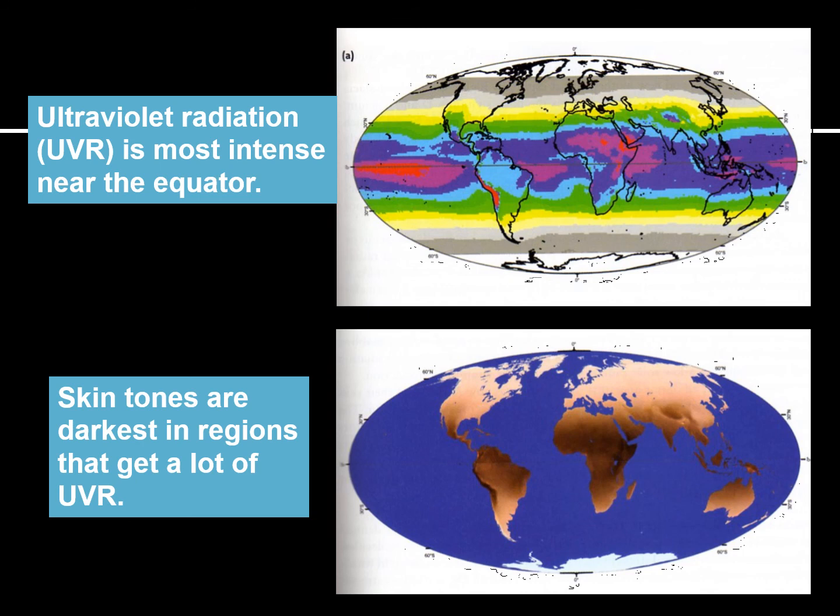So in essence, areas of the planet where the ultraviolet radiation from the sun is most intense, i.e. areas near the equator, have the darker skin tones, right?